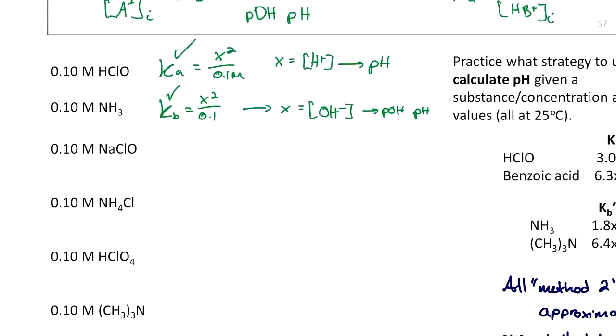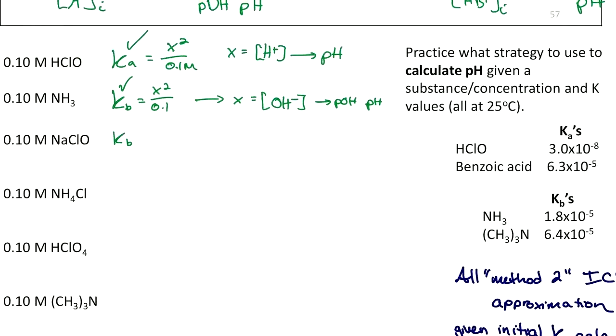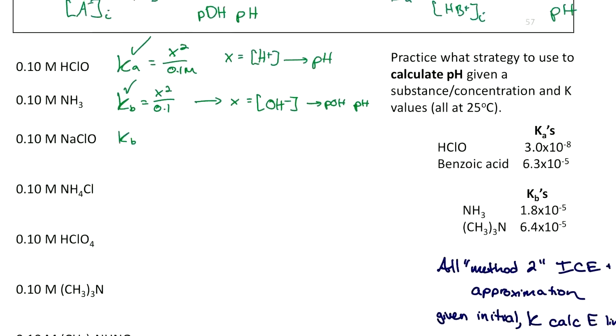All right. Next one, sodium hypochlorite. Is that an acid or a base? That is a base, so I need to use the Kb expression. But did I give you the Kb of sodium hypochlorite? No, I didn't, but I did give you the Ka of the acid form of it. So I didn't give you Kb directly, so we're going to calculate it by using Kw.